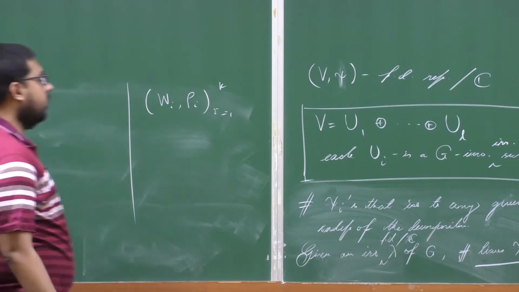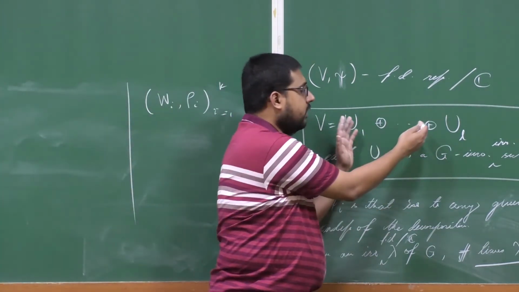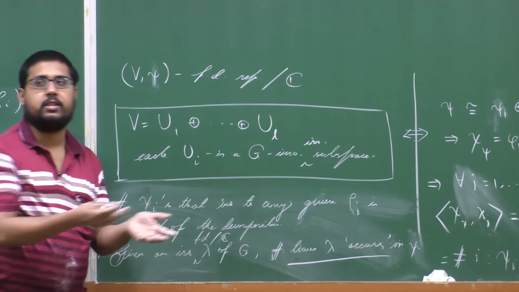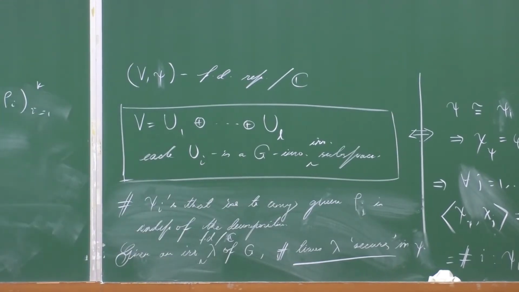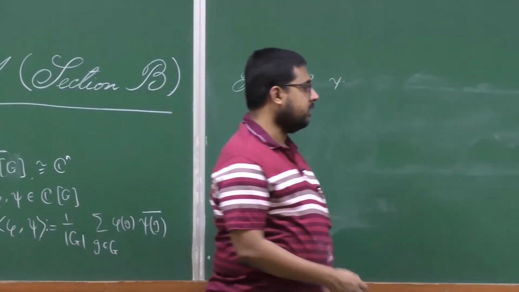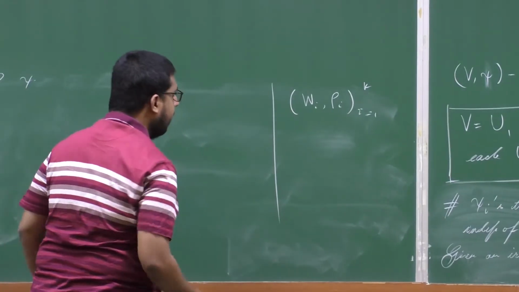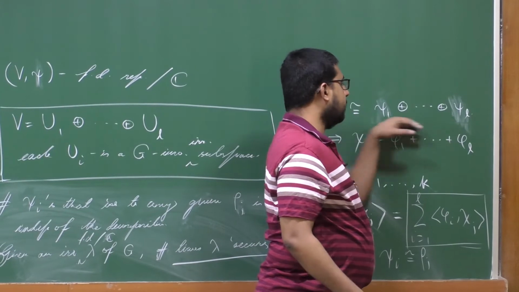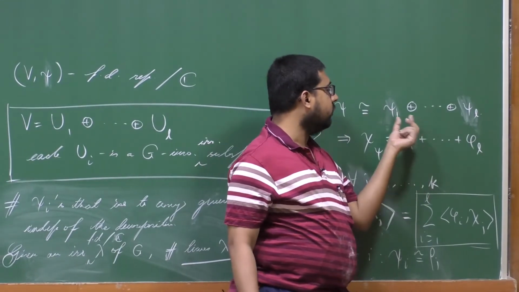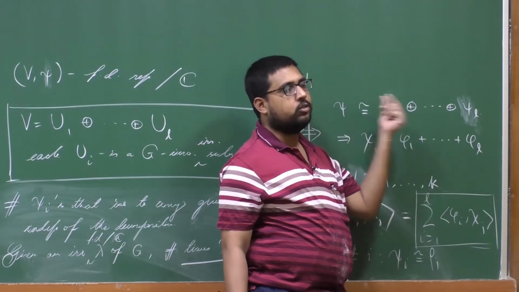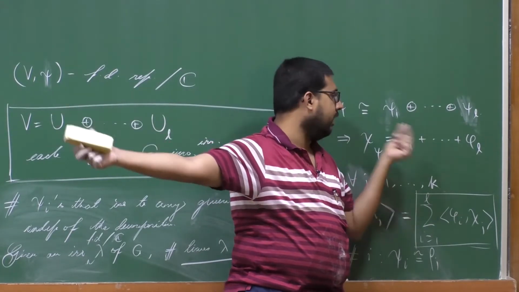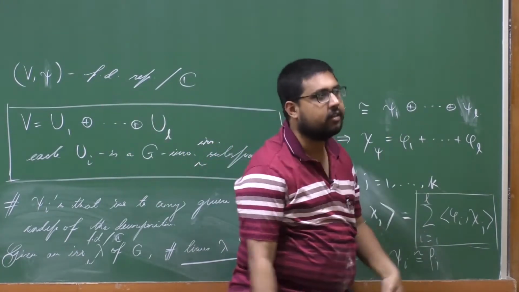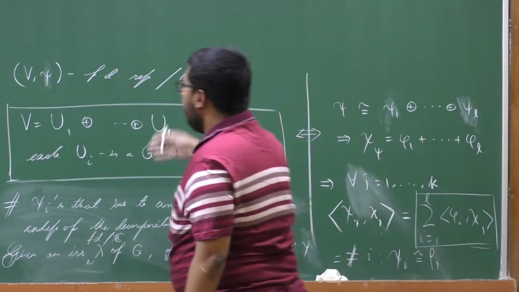Therefore, some of these sub-representations will be isomorphic to some of these sub-representations. The point that I want to make is, in this direct sum, some phi i's will be isomorphic to, let us say, rho 1, and that number will be exactly the inner product. And so on.